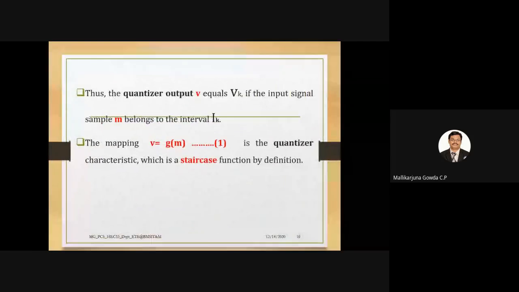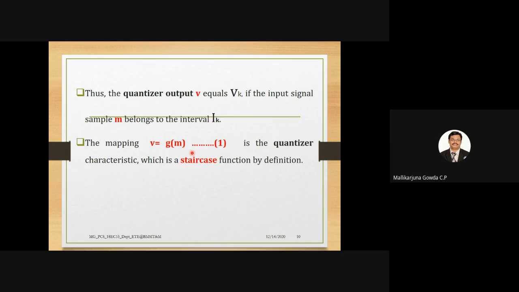So what I can write is the output of the quantizer, which is denoted by V, equals Vk if the input signal sample m belongs to the interval Ik. Hope you are understanding. So the mapping, I can write, V is equal to G of m.